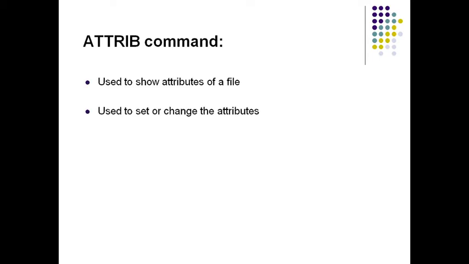So attrib is an external DOS command used to show the attributes of a file, and also used to set or change the attributes.